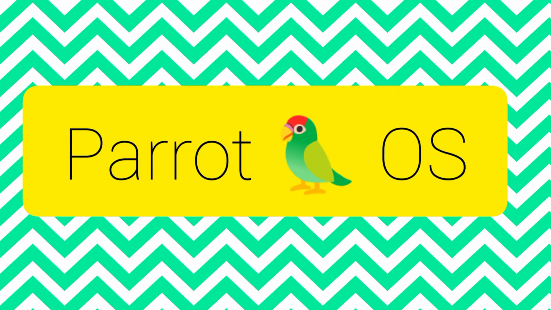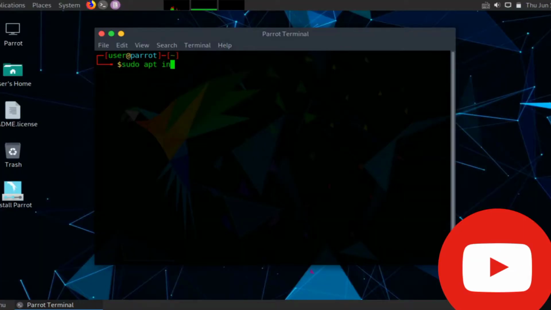So guys, here I will be using Parrot OS, and what we need to first do is download the tool using the command sudo apt install httrack. Guys, one thing I need to tell you is that httrack comes pre-installed if you are using Kali Linux. If it is not installed, then you can simply use this command to install it.